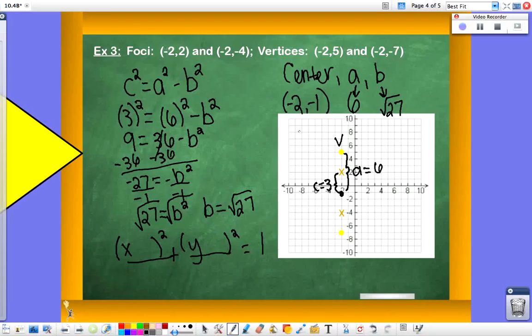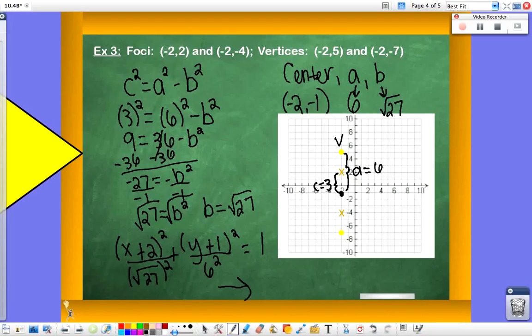So in this problem, my center was -2, -1. So I'm going to put the opposite in the parentheses. And then lastly, remember my A value of 6 is going to go under my Y because this is a major axis that runs vertical. So I'm going to put my 6 squared here, which means that my B is going to go under my X. So I'm going to get the square root of 27 squared.